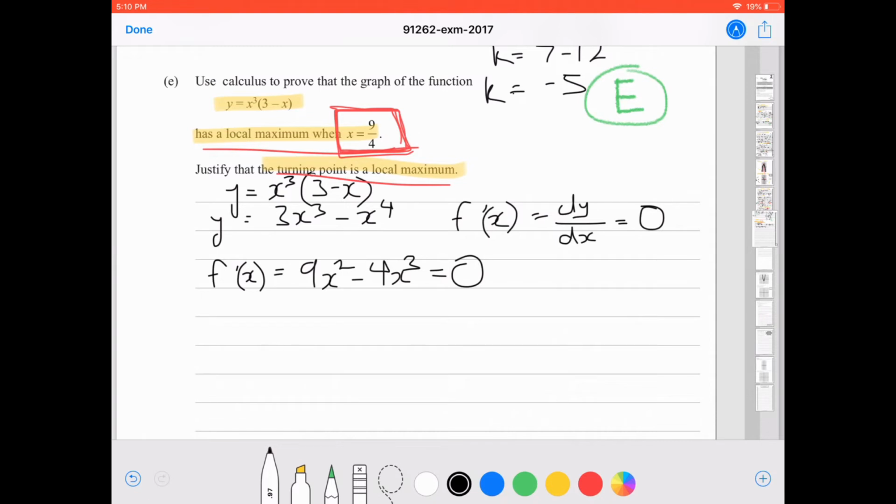So mode number 5 for equation, number, I guess, 4 for cubic. And our a value is, in this case, minus 4, I believe. B value is 9, and c and d are 0.